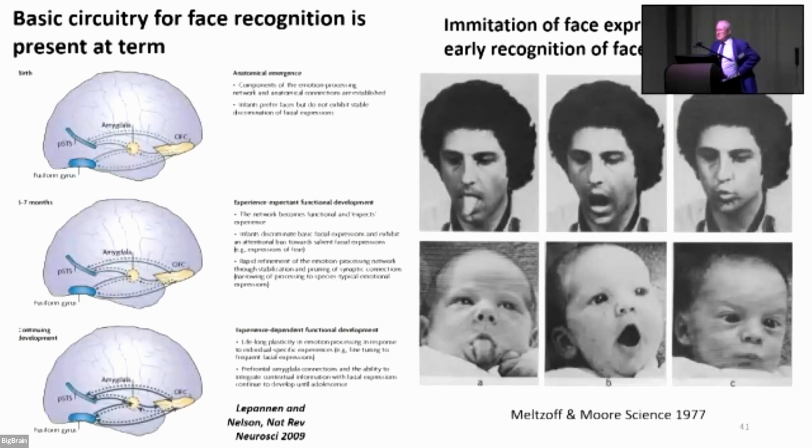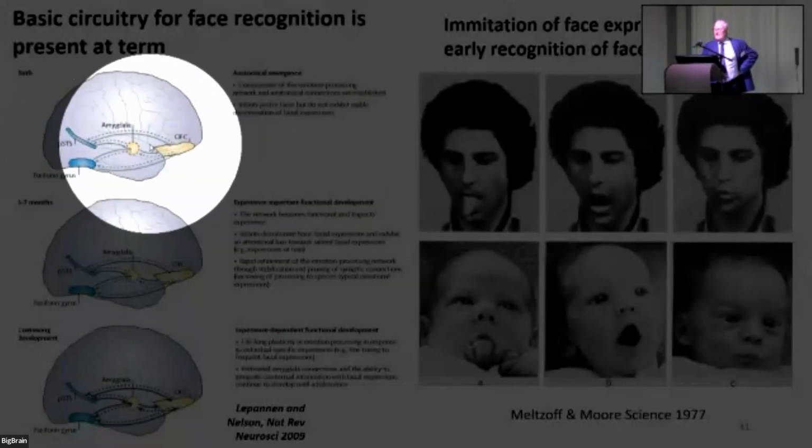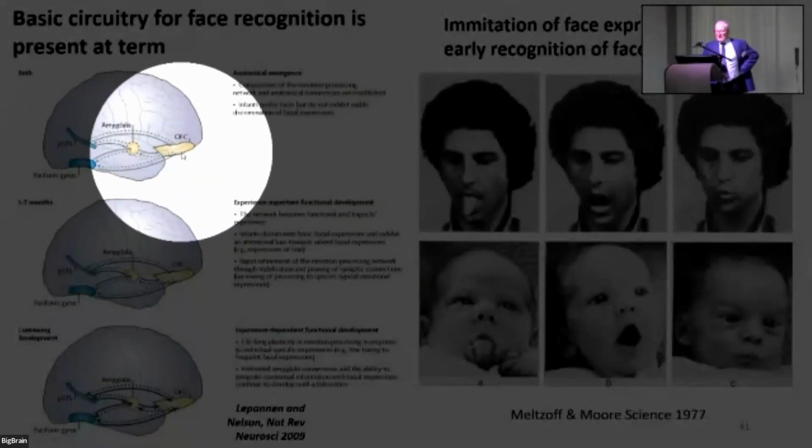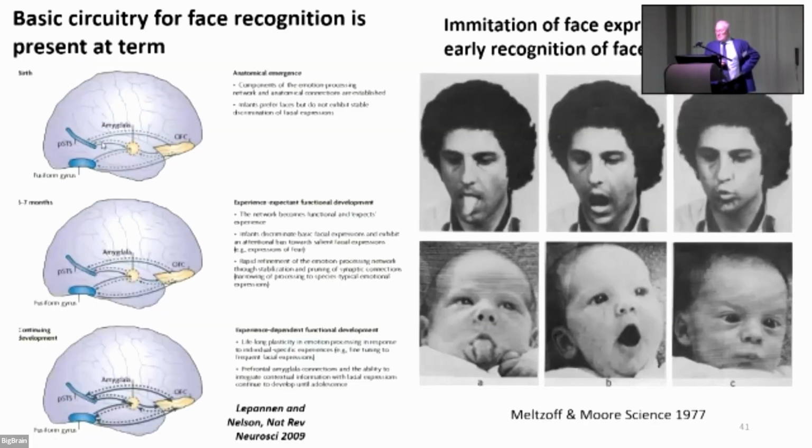And Catherine asked me to show an example of early one-shot learning. I think that's maybe not one shot, but almost one shot. Look, the circuitry is there at birth: amygdala, orbital cortex for reward, subcortical visual center, of course, and early input to the fusiform gyrus.